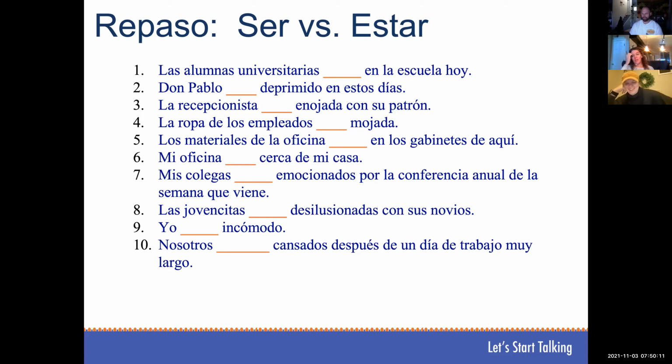So están. Don Pablo está deprimido en estos días. Muy bien. ¿Qué significa estos? En estos días is like saying in these days, currently.